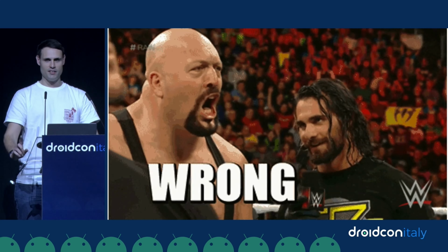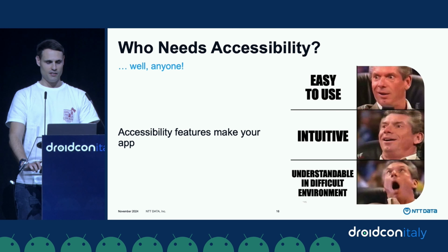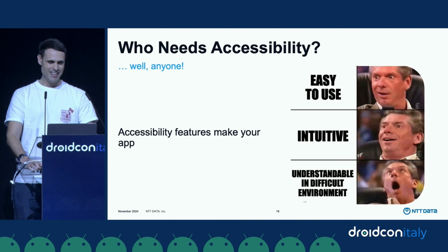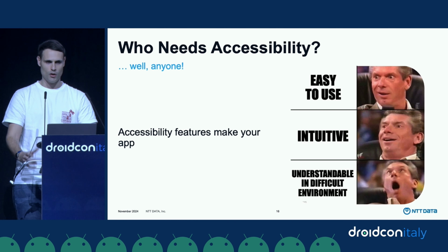And say with me, that's actually wrong, because with accessibility features, mobile apps become easy to use, intuitive, and understandable in difficult environments. So anyone can benefit from accessibility features.